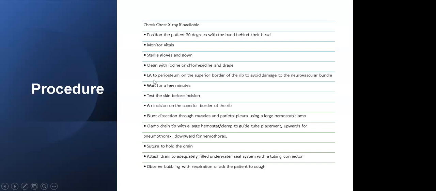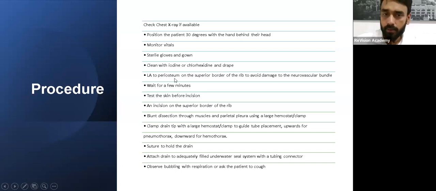Yes. Okay. And local anesthetic to the peristernum on the superior border of the ribs to avoid damage to the neurovascular bundle. Then wait a few minutes, and test the skin before insertion, you did that. Insertion at the superior border of the ribs, always remember that.